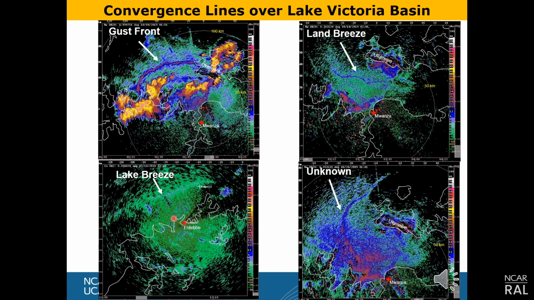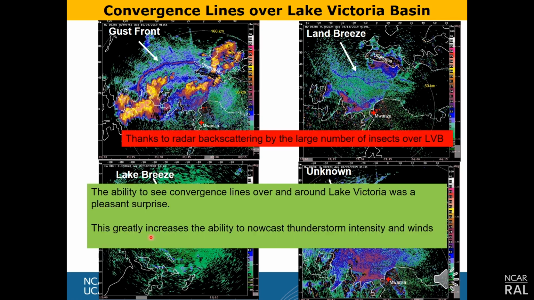So this greatly increases the ability to nowcast thunderstorm intensity and winds over the lake, and to have an early warning system. The reason we can see these, as we learned in the first lecture, is the backscatter from the enormous number of insects over the Lake Victoria Basin.